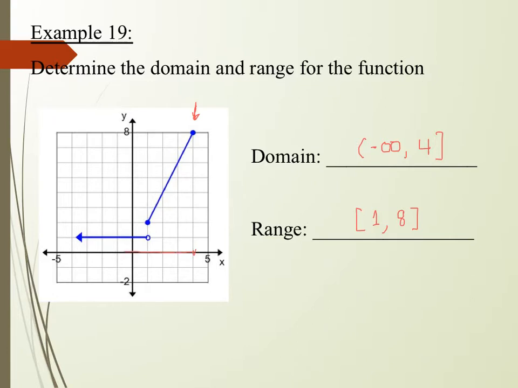But now it takes on all the values of x in the negative direction. So the domain is negative infinity to 4. For the range values though, the range is very limited because it really is 1 to 8. So I have bracket 1 comma 8.